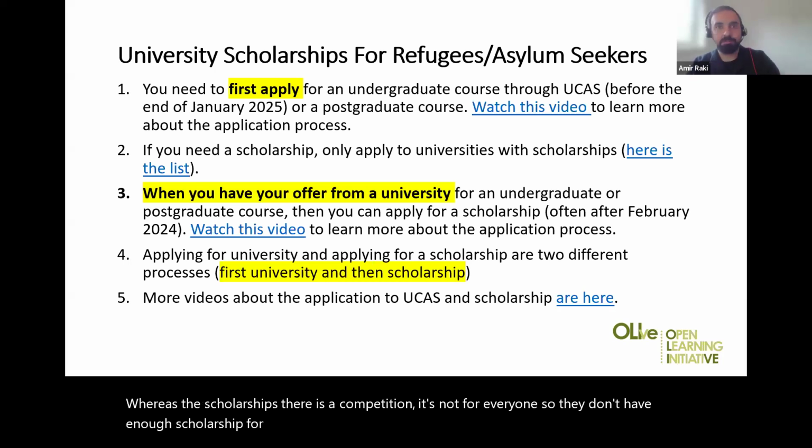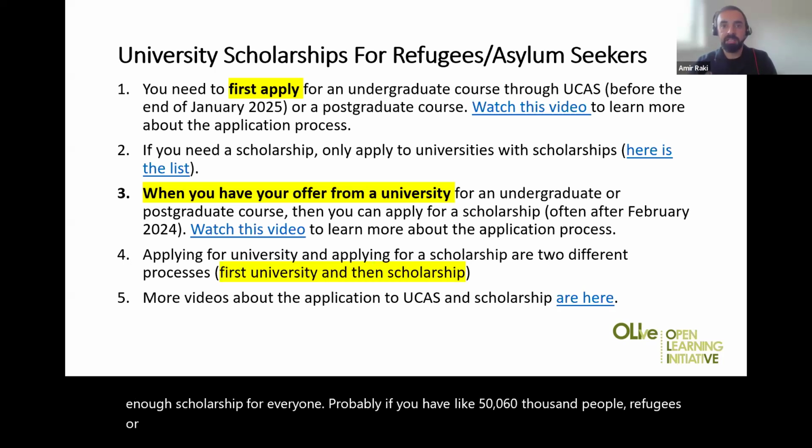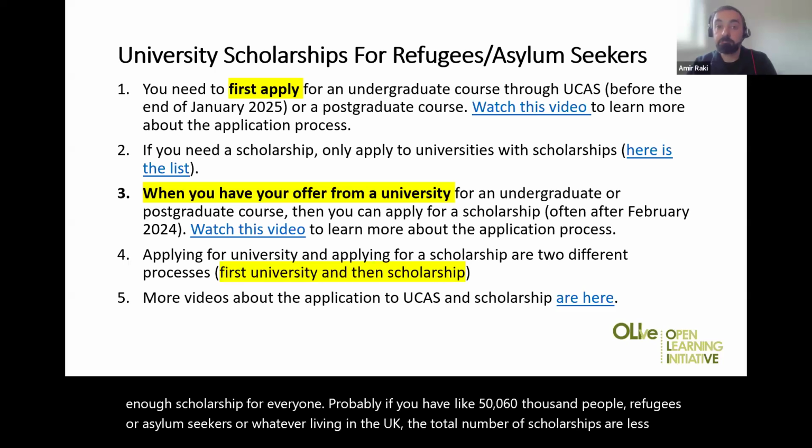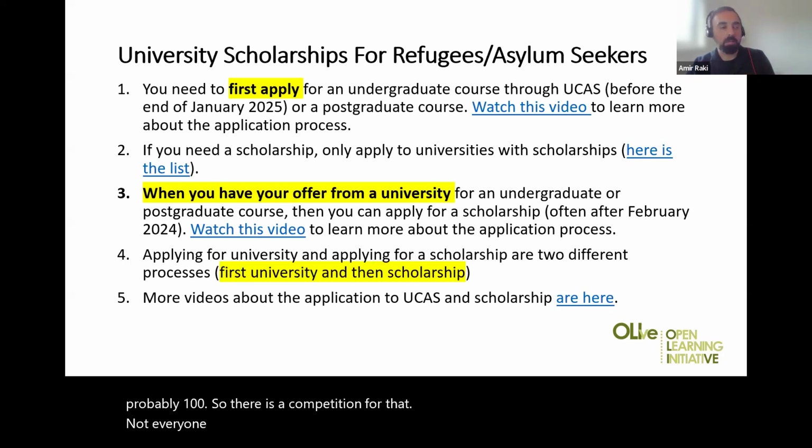If you have 50,000 or 60,000 refugees or asylum seekers living in the UK, the total number of scholarships is probably less than 100. So there is a competition for that. Not everyone can have a scholarship.